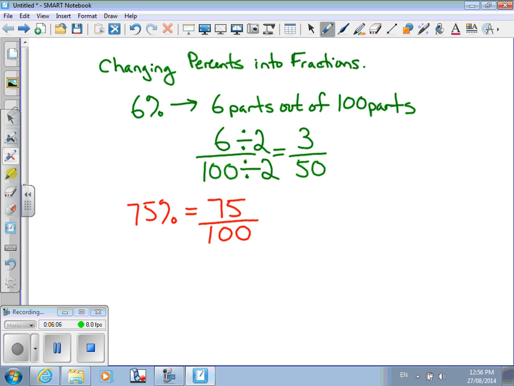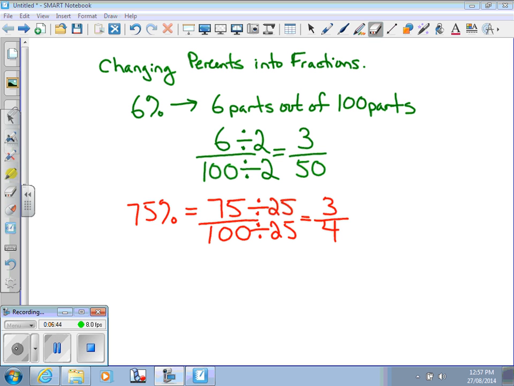And although 75 over 100 is a fraction that represents 75%, it's always best to reduce down to lowest terms. 75 and 100 are both divisible by 25. And so we can reduce down 75 100ths into 3 over 4. 75% expressed as a fraction in its lowest terms is 3/4.